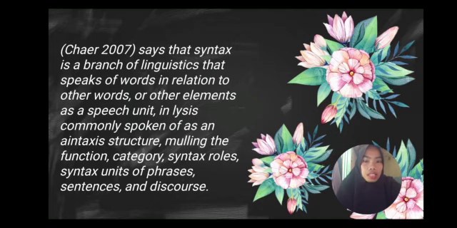In syntax, we commonly speak of syntactic structure, function, category, syntactic rules, and syntactic units such as phrases, sentences, and discourse.